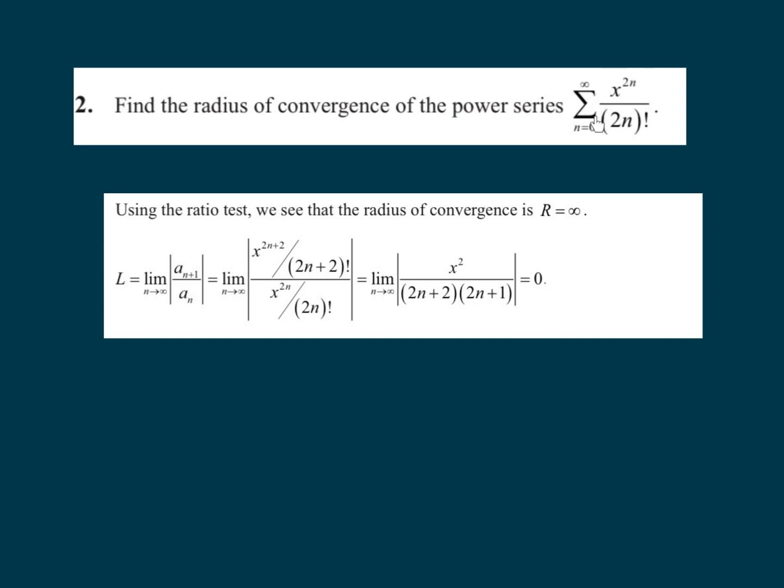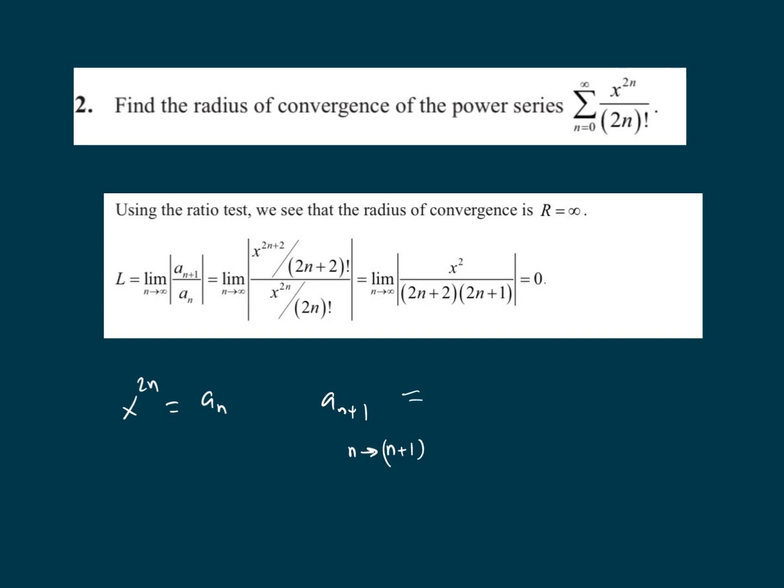If this is a sub n, then a sub n plus 1 is when you change n to n plus 1. Wherever you have n, you change it by n plus 1.